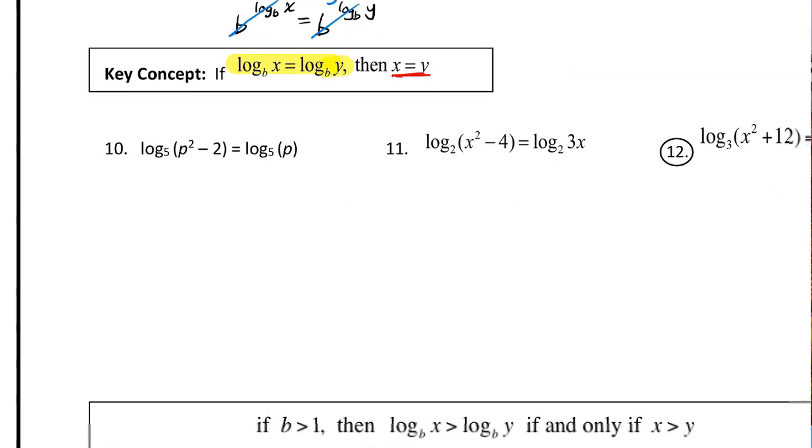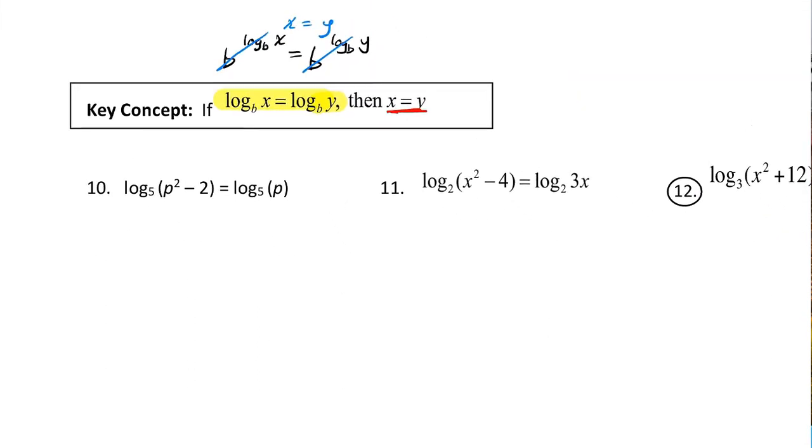So typically these are your students' favorite type of question, because if you have a log base 5 and a log base 5, those log base 5s cancel and you're left with the stuff on the inside equal to each other. p squared minus 2 equals p.